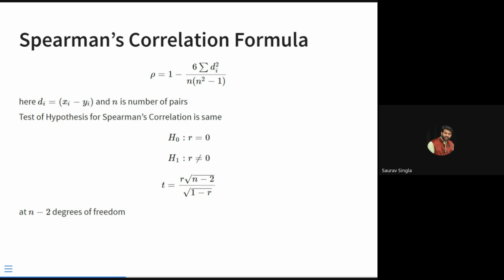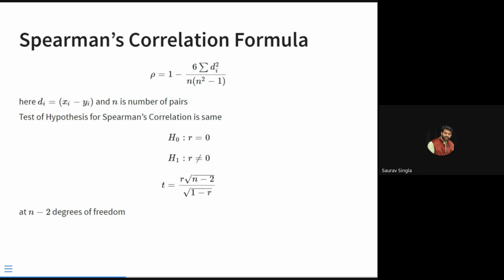That is possible in some cases, especially when the sample size is small. In that case, it is very much possible that the population is not normal.